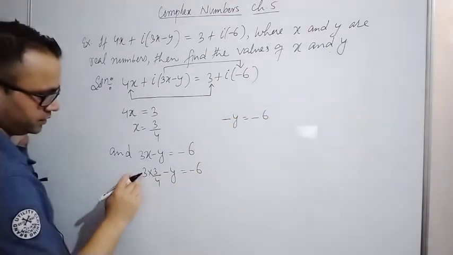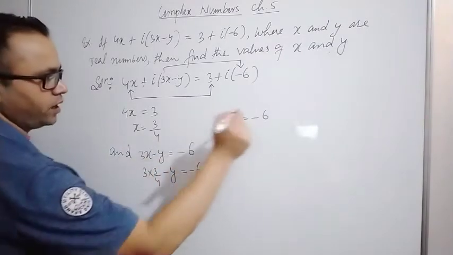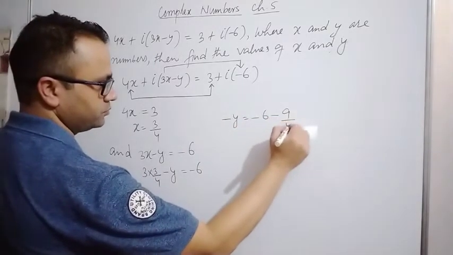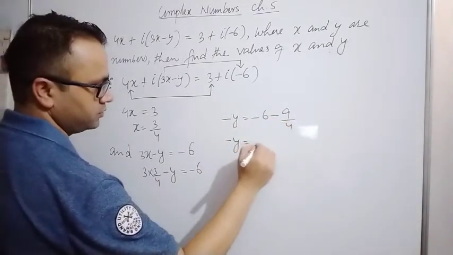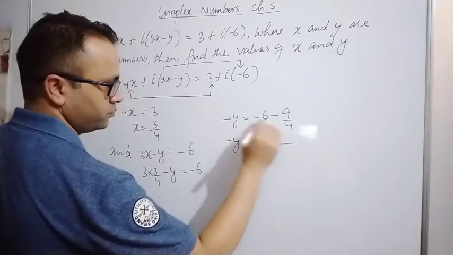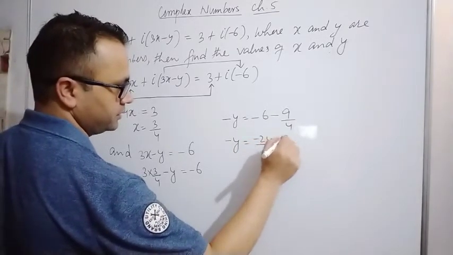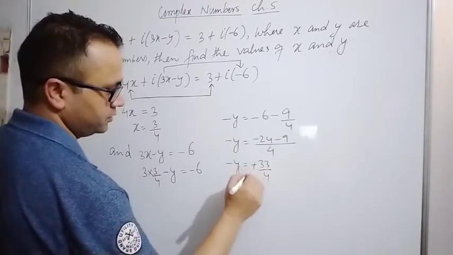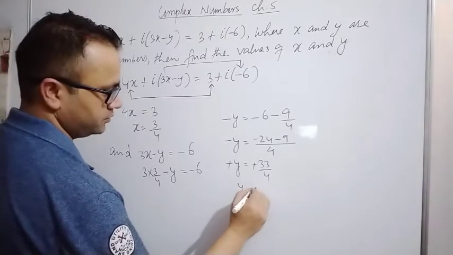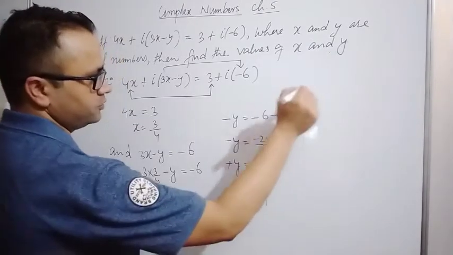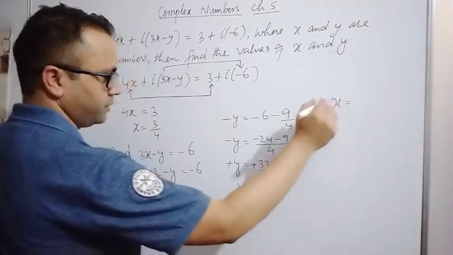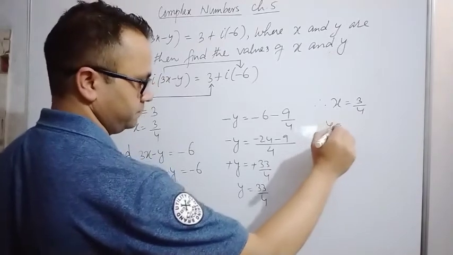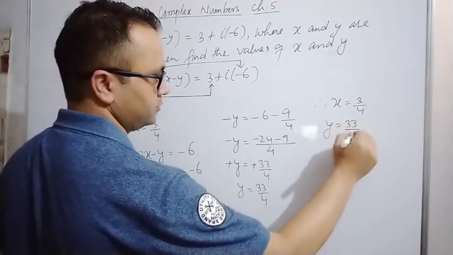Now 3 threes are 9 by 4. Take it to the RHS. So minus y equals, now take 4 as LCM, 4 sixes are 24, minus 24 minus 9 by 4. Minus y equals minus 33 divided by 4. So minus minus cancels, giving 33 by 4. Therefore x equals 3 by 4, y equals 33 by 4.